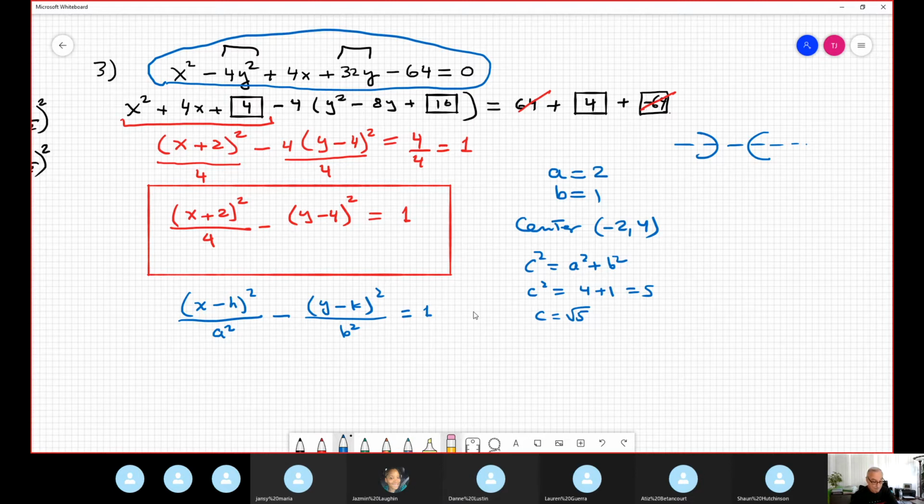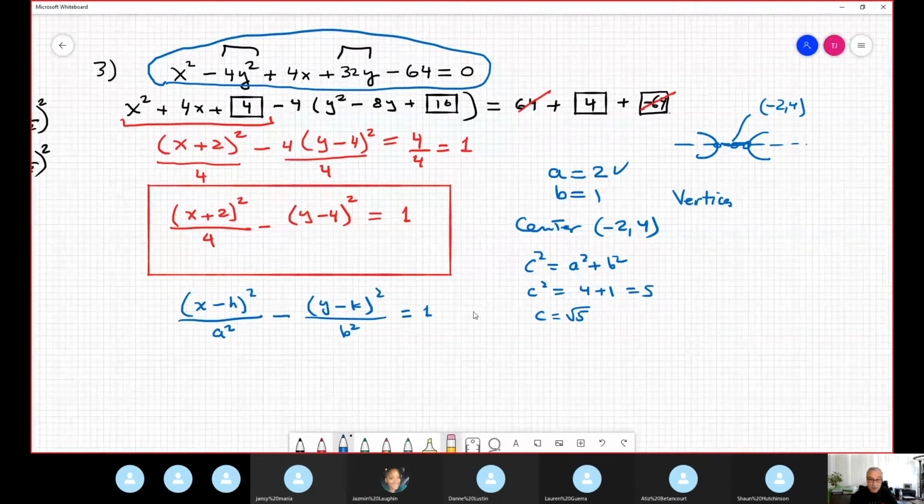Okay. Now the vertex, one of the vertices is located in this point. This point and this point is the vertex. And this point is located in the center, no? It's negative 2, 4. And this distance I determined was 2. Okay, so 2 in both directions.